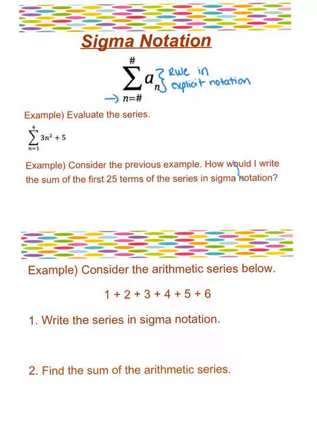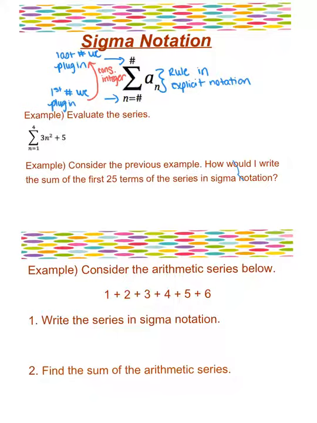Here we have the first number we plug in to that rule, and then above the sigma sign we have the last number we plug in. And remember, you plug in every consecutive integer from the first to the last.